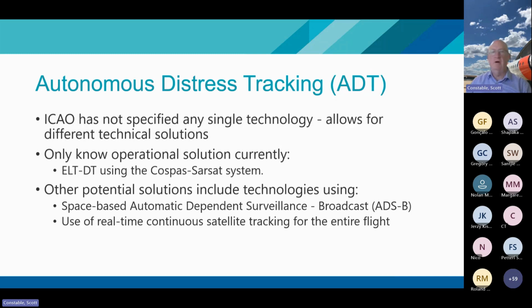The way I like to describe it is it's very similar to the maritime AIS system. And there's also an option of using real-time continuous satellite tracking for the entire flight. That's also an option that I've seen under development.